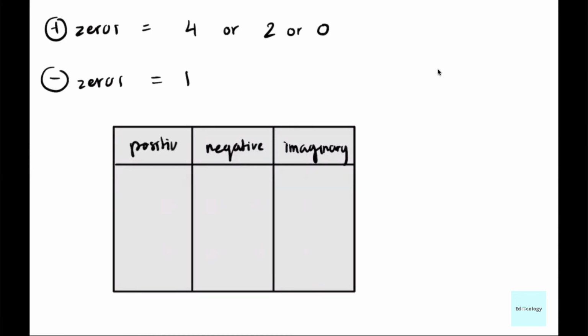So what we're going to do here is make possible combinations between the possible positive zeros and the negative zeros. So the possible combinations are 4 and 1, 2 and 1, and 0 and 1.